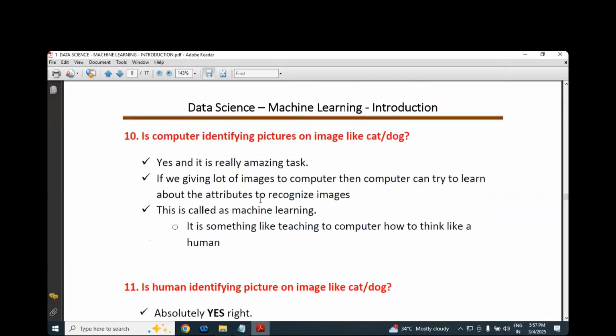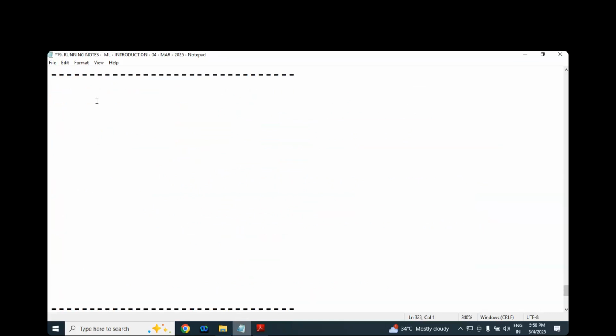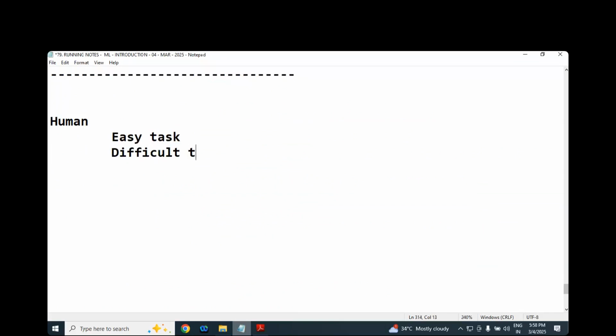Is the computer identifying pictures and images, like a cat and dog? Yes, and it is a really amazing task. Let me tell you one small point. For a human, what is the easy task and what is the difficult task?